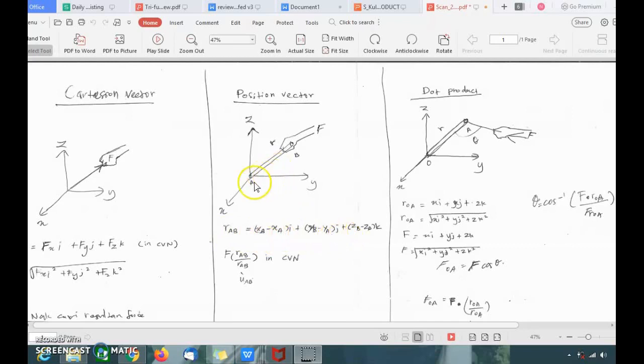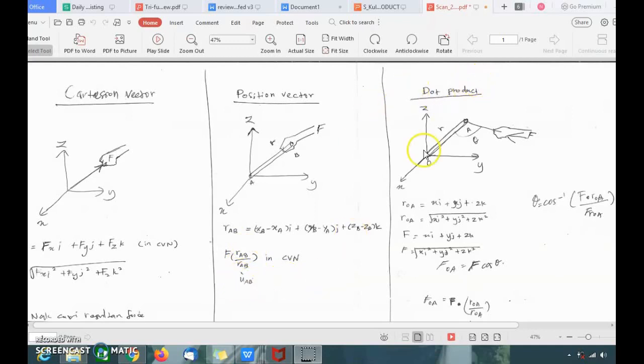If you want to integrate it with the force, you need to multiply the force with the unit vector. The unit vector is the Cartesian form of RAB over the magnitude or length of RAB. So this is the unit vector.